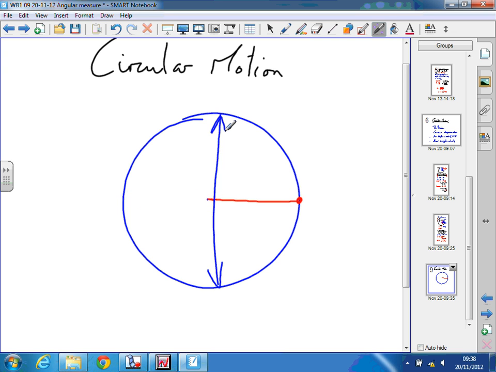So if it's gone from here and moved round to here, then it's moved that distance up in the y direction. By the time it moves round to here, it's moved this distance in the y direction, and so on. Then it comes round here, and now it's going in the negative sense. So we talk about it going up and down in this y plane like this.